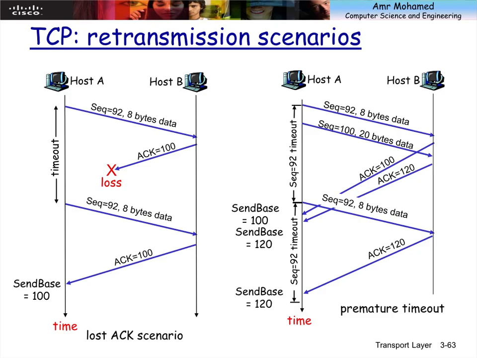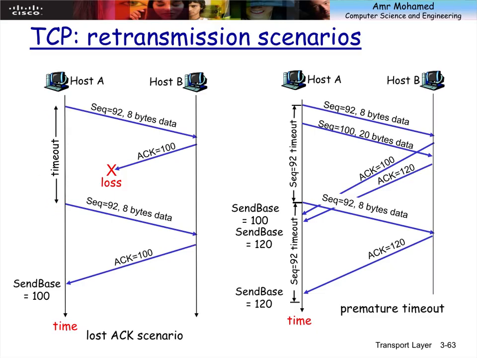TCP, as we will see, when it starts at time 0, initiates itself as stop and wait, and later on it starts to increment. We'll see that after a few minutes. So if the acknowledgement here was lost, the timeout will expire and I will retransmit.